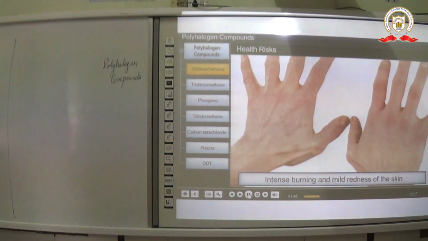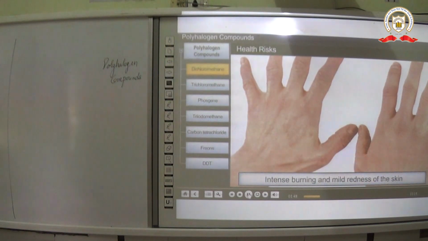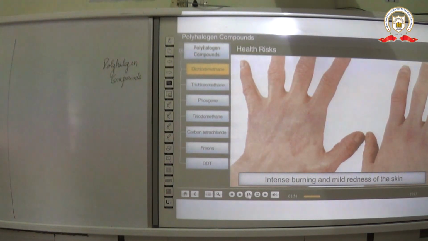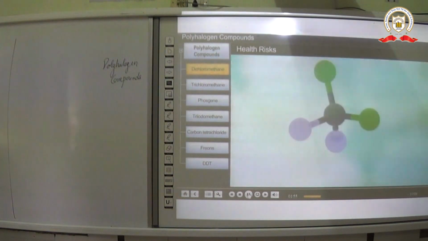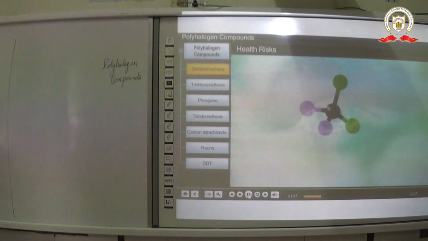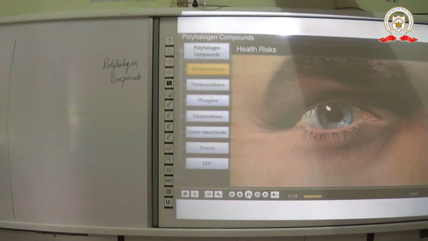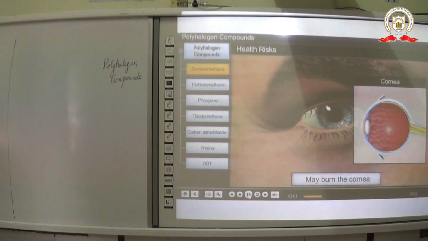The skin may experience an intense burning sensation and mild redness if it comes in direct contact with dichloromethane. If it comes in direct contact with the eyes, it may burn the cornea.